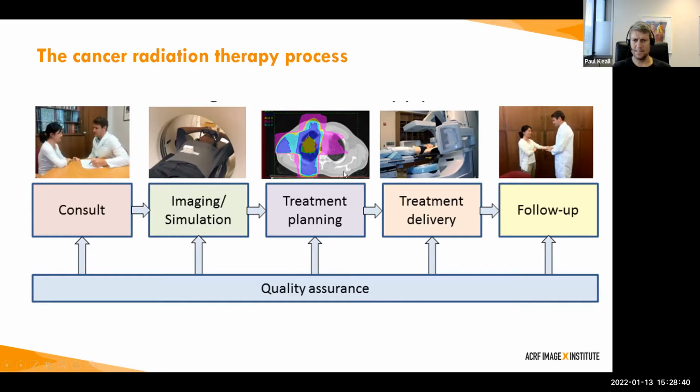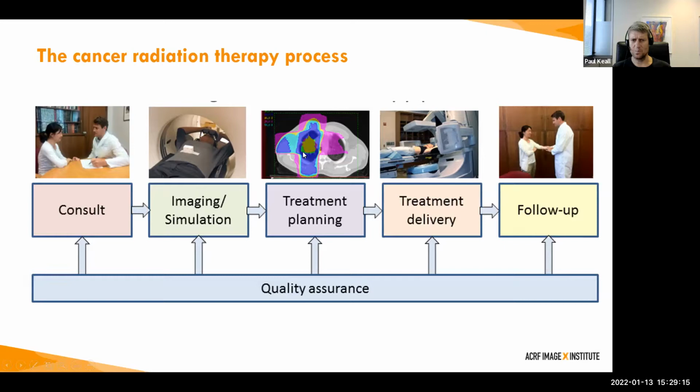So we image the patients, and we make a treatment plan. This is a CT scan taken through the middle of the chest of a lung cancer patient, and overlaid in the middle here we have the cancer. Here we've got two beams, one coming from the right and one coming from the bottom, and where they overlap in the center, the radiation is summed, and so the dose to the cancer is higher.